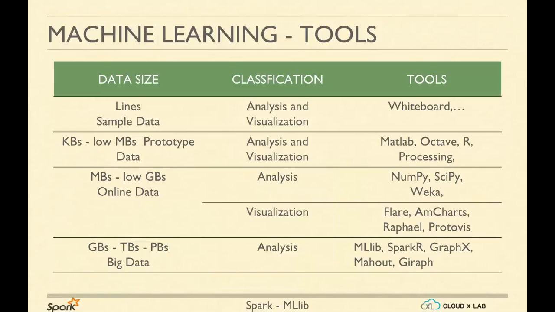There are many machine learning tools. If you have very small data, like a couple of records or tens of records, you can just use a whiteboard and draw the line by yourself manually. If you have kilobytes to lower megabytes, which means thousands of records, then you can use MATLAB, Octave, R, and similar tools like scikit-learn. But if your data grows beyond megabytes to lower gigabytes, then you have separate tools for analysis as well as visualization.